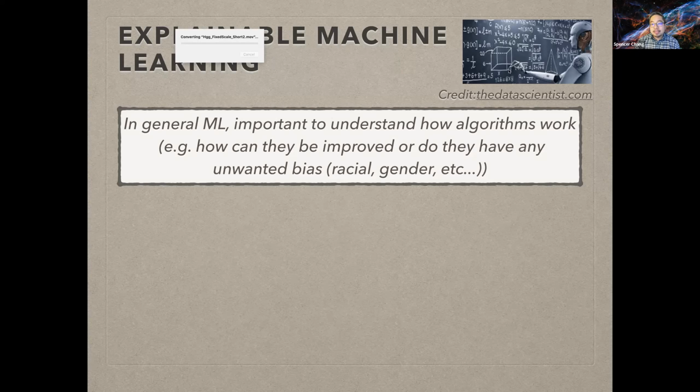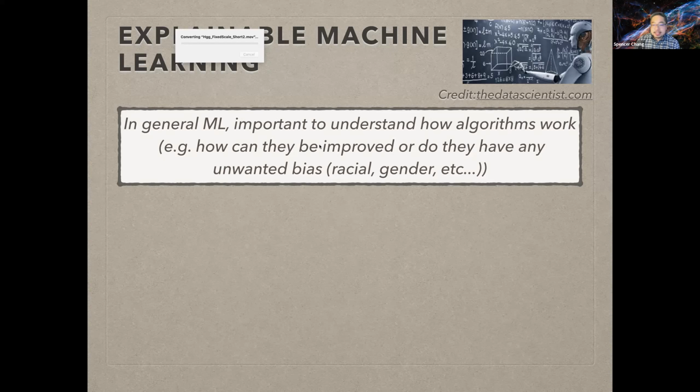But we're not at the stage where the algorithm can tell us what they are using or how they did it. They're not like a scientist that we can talk to. For the general machine learning community, there are many reasons to understand how the algorithms are working. You might want to understand how they can be improved.